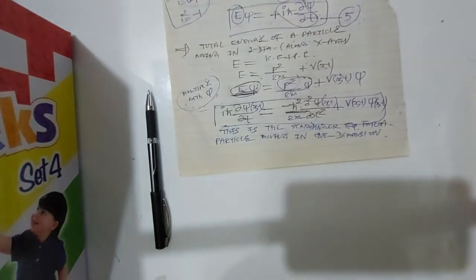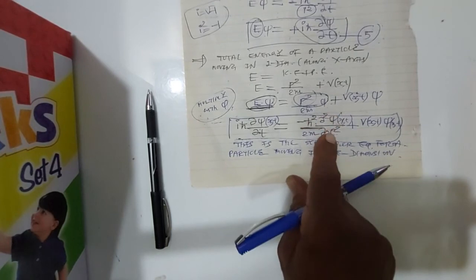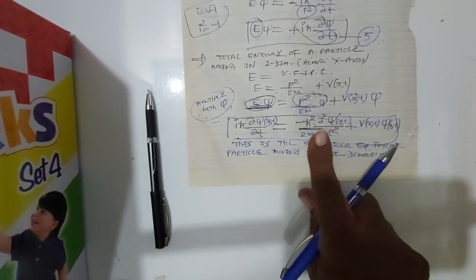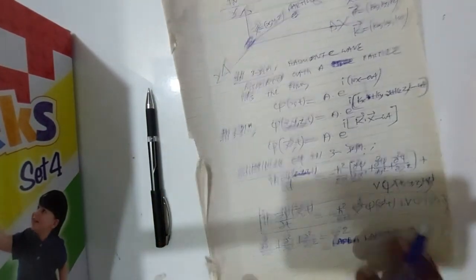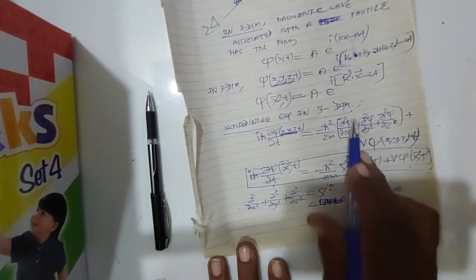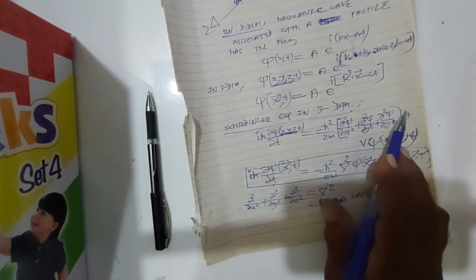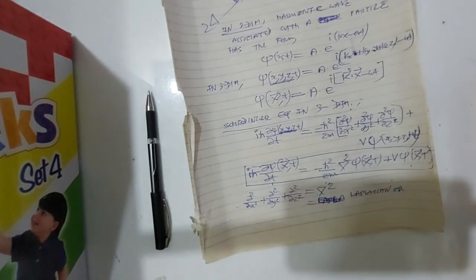So I repeat once again: i h cross d psi by dt equals minus h cross square by 2m d square psi upon dx square plus V psi is the Schrodinger equation for 1 dimension, and its solution is A e raised to i(kx minus omega t), right? And i h cross d psi by dt equals minus h cross square by 2m times d square psi upon dx square plus d square psi upon dy square plus d square psi upon dz square, plus V psi, is the Schrodinger equation in 3 dimension.